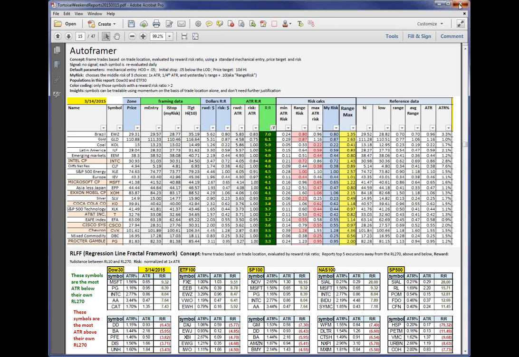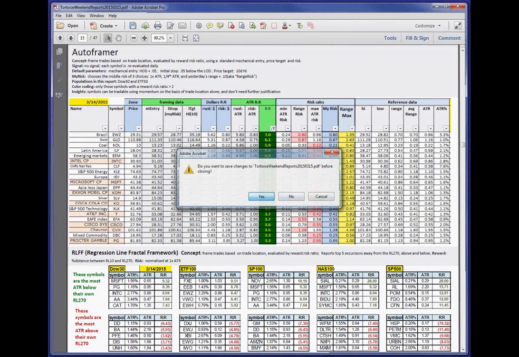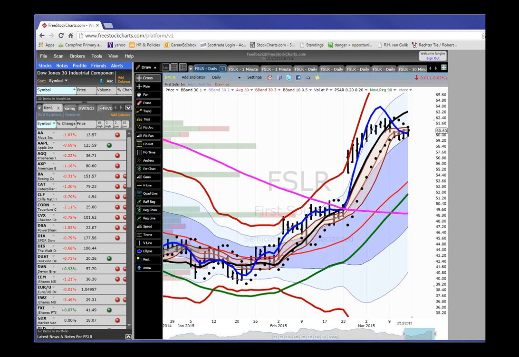All right, let's see what we get here. All right, so the first one we want to look at is FSLR. That's First Solar.